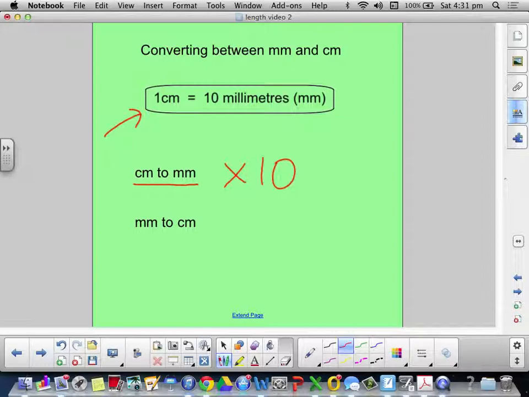And it means when we are converting from millimetres to centimetres, what are we going to do? You know it. We're going to divide by 10. We're going to go back the other way.